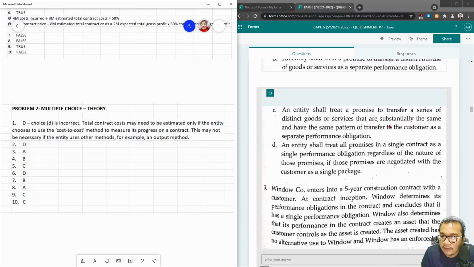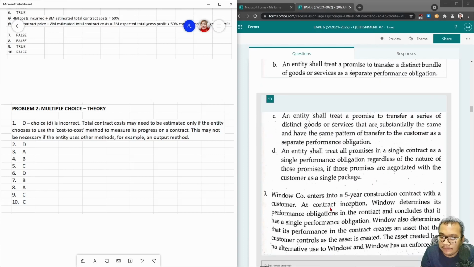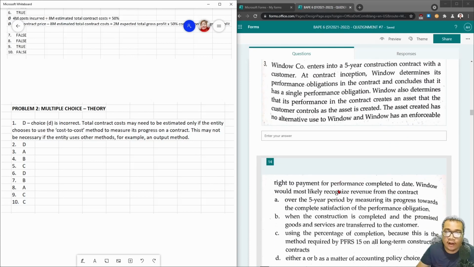Kahit na same yung pattern of transfer nila, pero distinct sila, yung goods or services, separate pa rin. Letter D, an entity shall treat all promises in a single contract as a single performance obligation regardless of the nature of those promises if those promises are negotiated with a customer as a single package. So, yan ang mali.